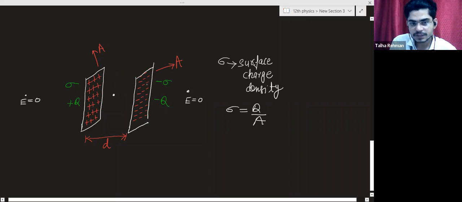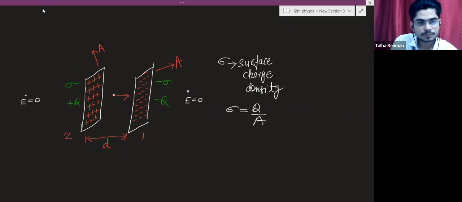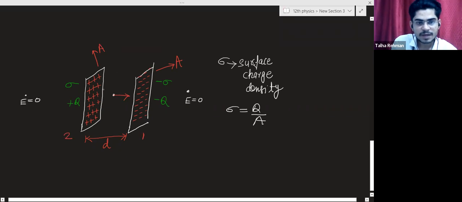So due to this negatively charged plate, the direction of electric field will be like this. Suppose this is plate 1, this is plate 2, and due to this positively charged plate, what is the direction of electric field, Hamza? Hamza, can you tell me?